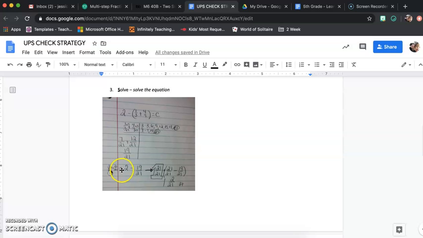I could have either put this over 1 and then found the common denominator and then subtracted, but I know that 2 is actually 2 groups of 21/21 plus 21/21. I use 21 as that because this has the denominator 21, and I know that 1 is the same numerator and denominator.